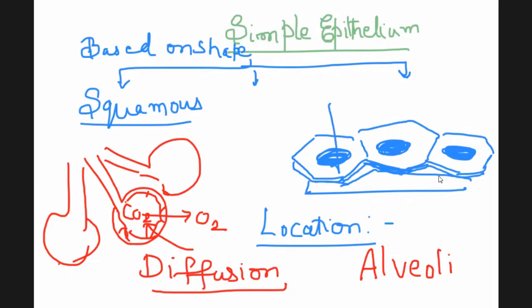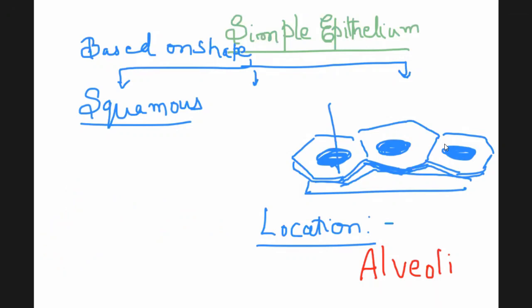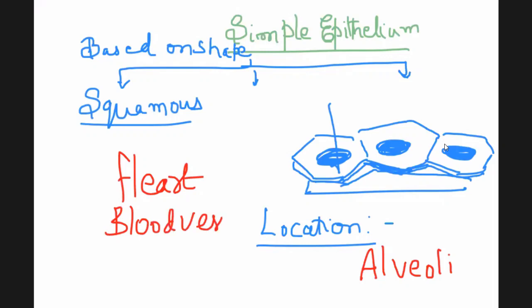So at the alveoli, gaseous exchange is facilitated by simple squamous epithelium. Then, this simple squamous epithelium is seen in the inner surface of the heart, blood vessels, arteries, veins, capillaries, lymph vessels, so many locations.